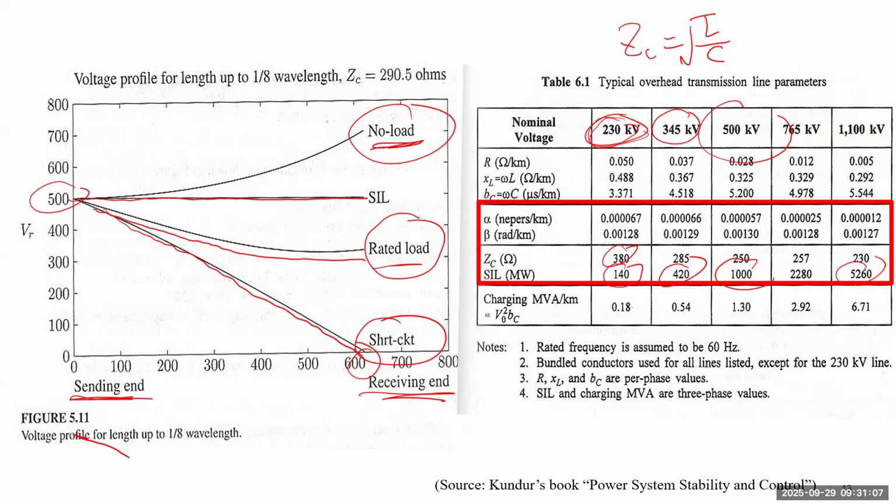So for instance, if we check the beta value, you see every line has almost exactly the same beta value, which is 0.0013. Very close. That sounds pretty strange. Why are they all the same? We'll try to explain in this lecture.